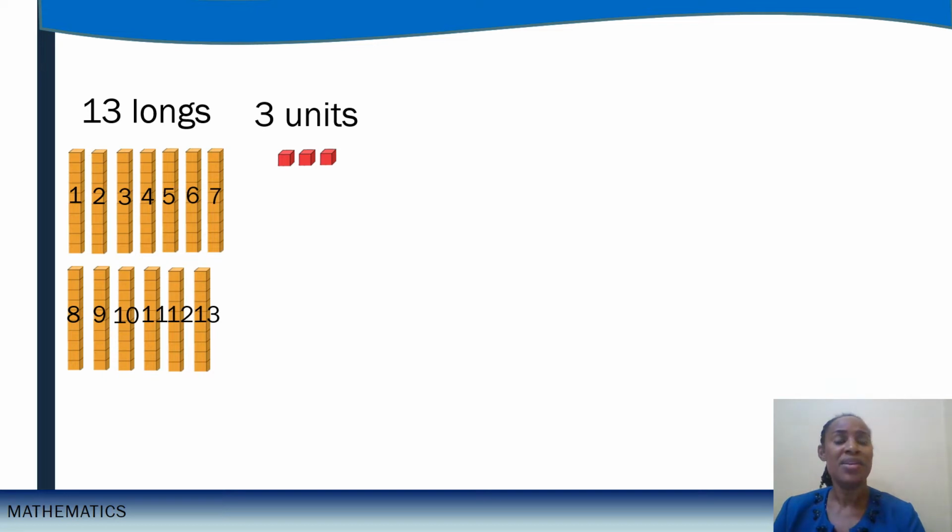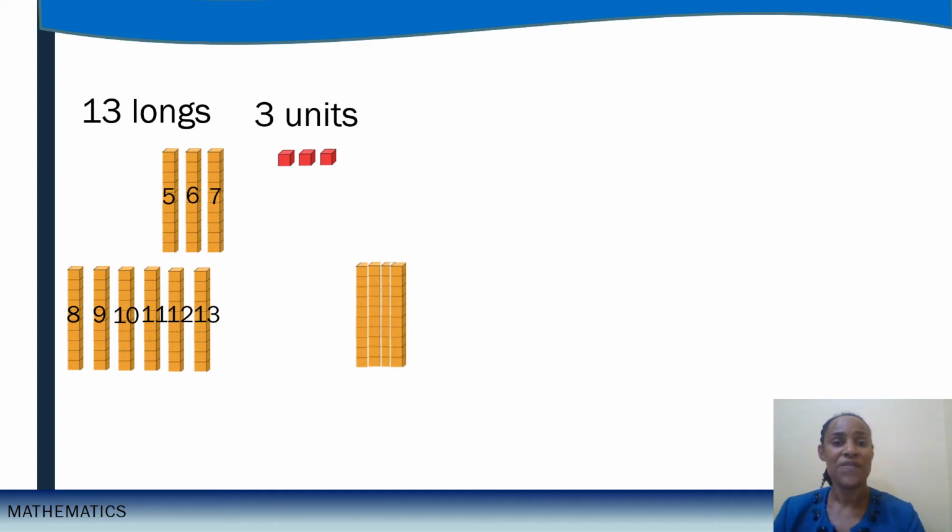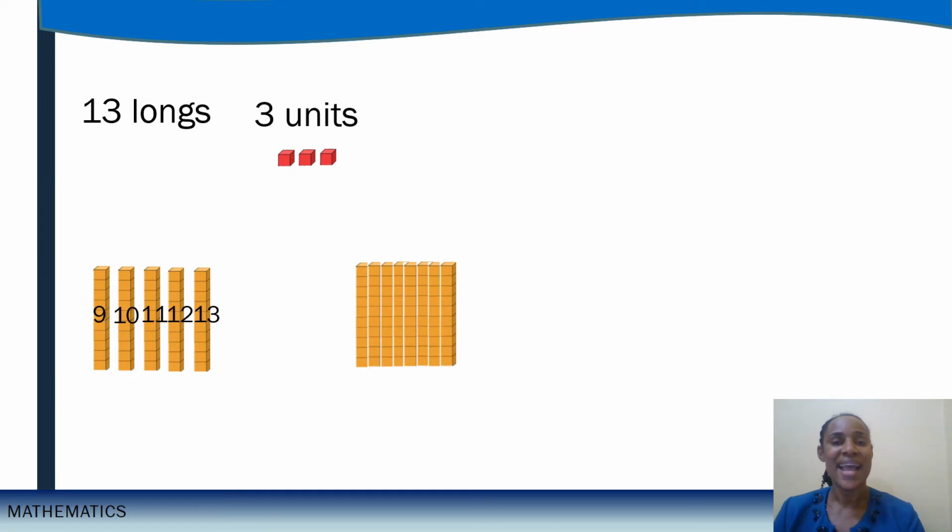Great guess, boys and girls. Earlier we learned that 10 longs make 1 flat. So we could rename the 13 longs as flats and longs. Let's rename 10 longs as 1 flat. Let's go. 1, 2, 3, 4, 5, 6, 7, 8, 9, 10.